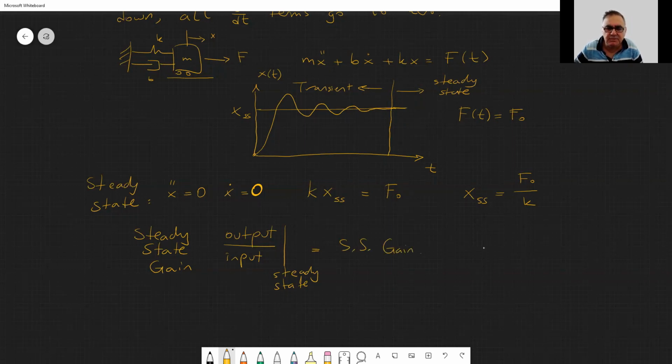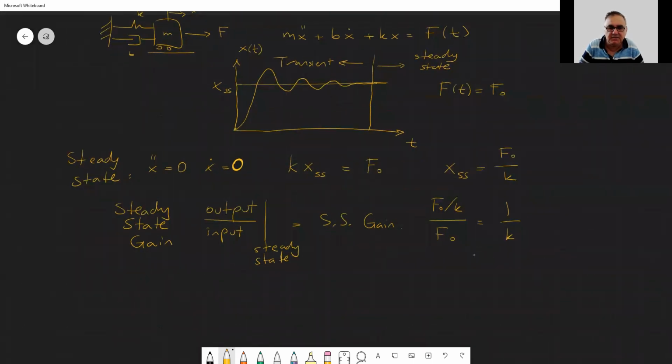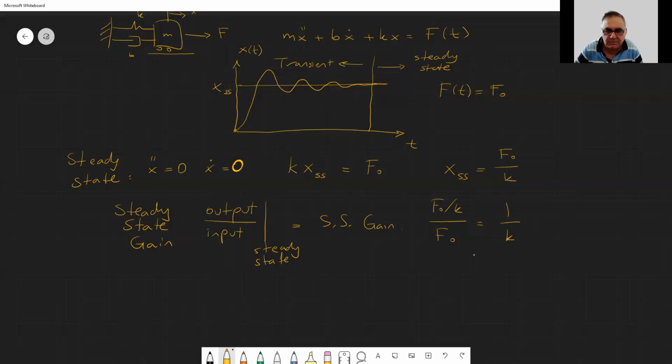For example, for this system, output is f0 over k divided by the input, which is f0. So the gain of this system is strangely 1 over k. So the steady state gain, for example, for this system is 1 over the spring constant. Okay.